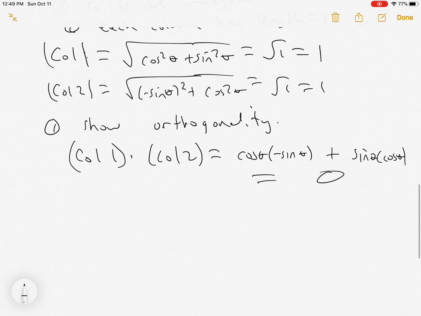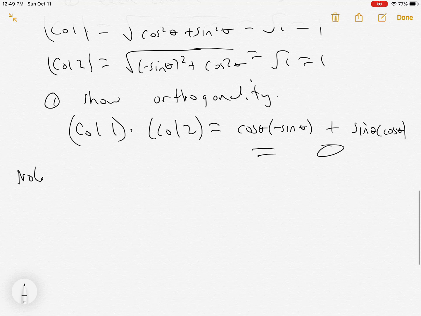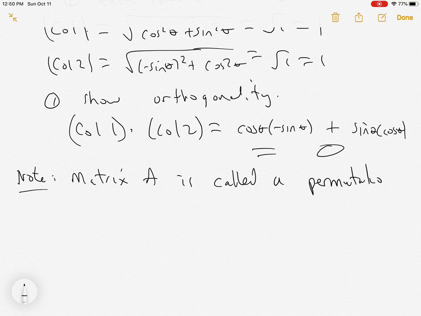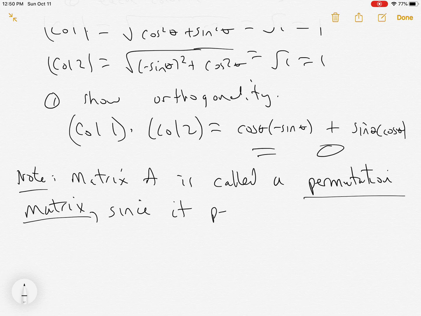Okay, so they're orthogonal, and therefore this rotation matrix is an orthogonal matrix. Okay, so this matrix A above, some note. Matrix A is called a permutation matrix, since it permutes the columns of the identity matrix.